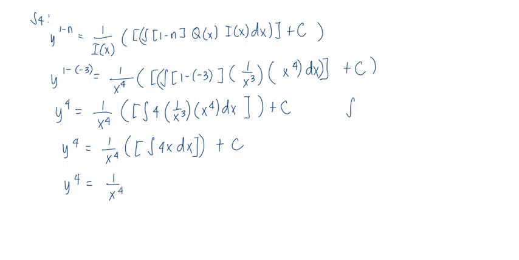Let me get the integral of 4x dx, which is 4 times x squared over 2, which gives just 2x squared. And then this would be substituted here: 2x squared plus c.